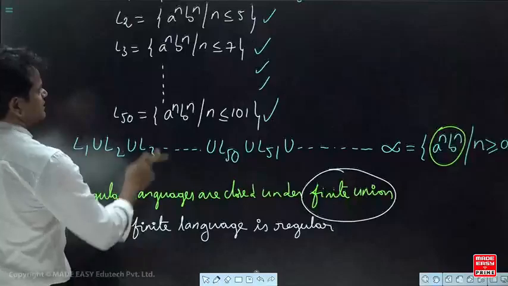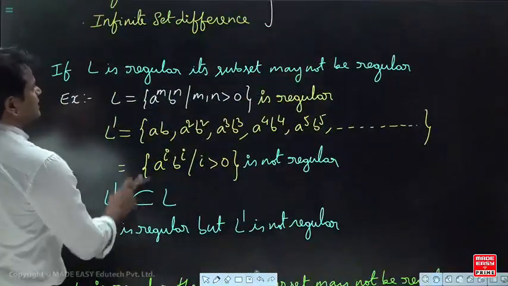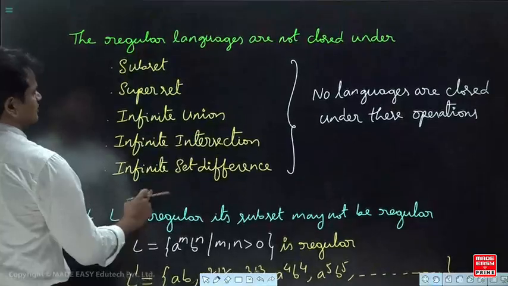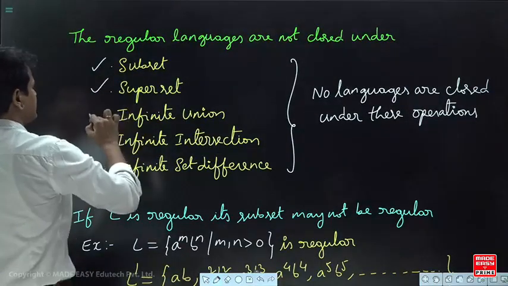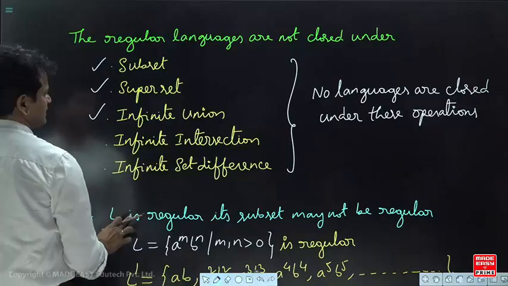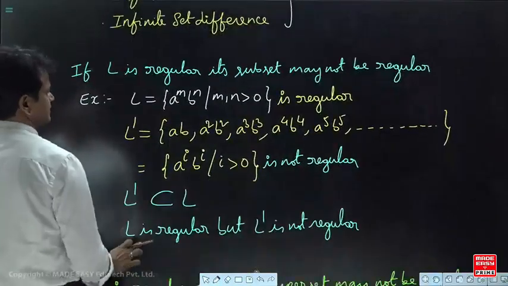Now, guys, this is done. What is the next property? Infinite union. Subset done, superset done, infinite union done. Now infinite intersection, then set difference.